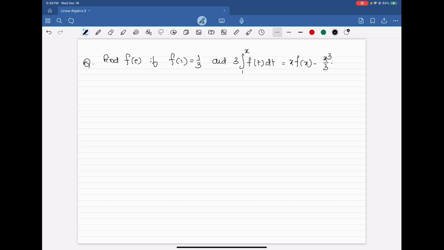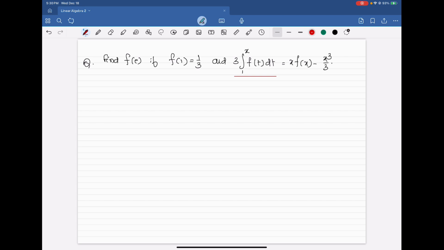Here, you just analyze the left hand side, what it is given: 3 into integral 1 to x f(t) dt. In this, the lower limit is constant, and the upper limit is a variable with respect to x.